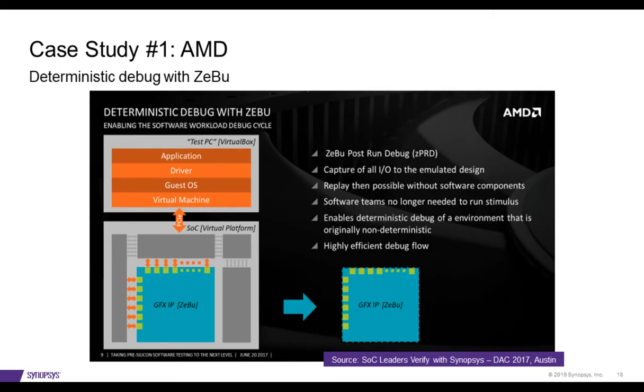So in this slide, they are talking about how, using ZeBu Debug, they are able to deterministically debug a problem in an environment which is originally non-deterministic. They are using the save and restore and record and replay technology to reproduce the problem deterministically.